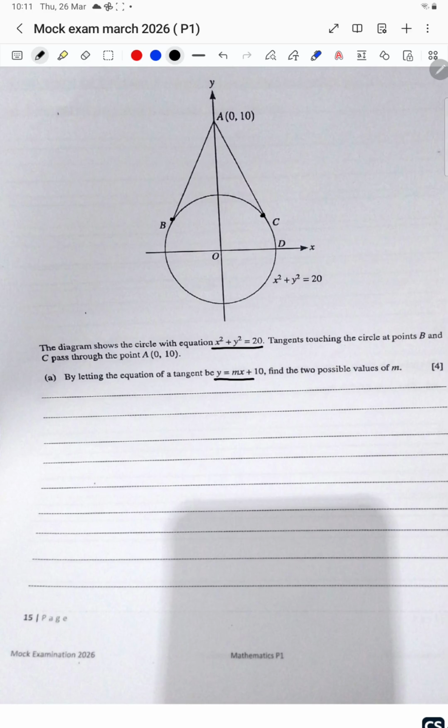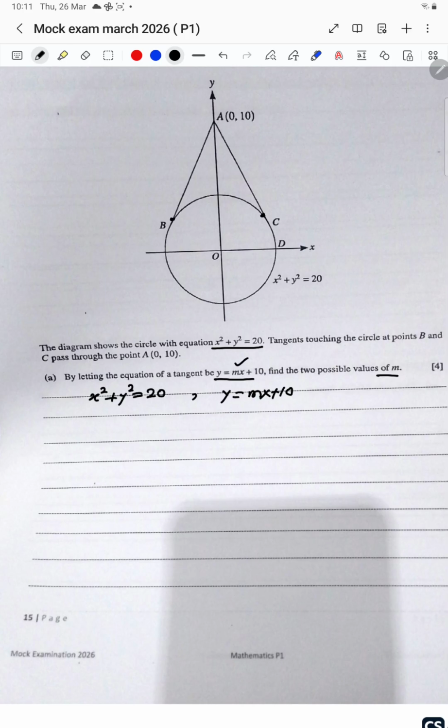As we are given the equation of the circle x squared plus y squared equals 20, and the tangent line is y equals mx plus 10, and we have to find the possible values of m. m is the gradient of this tangent line.